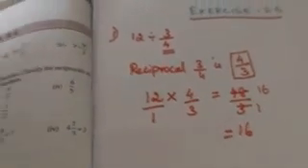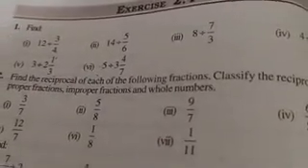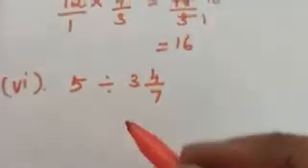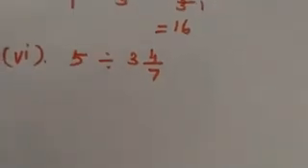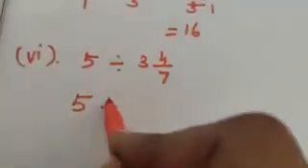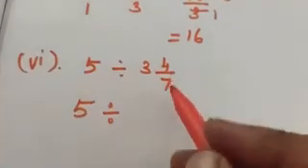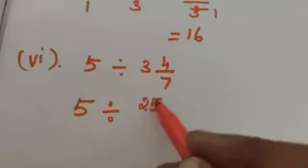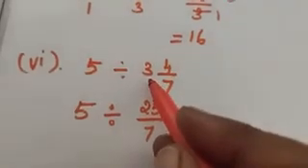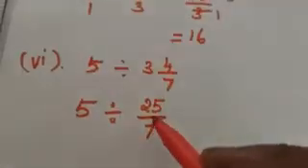I hope this sum is clear. We will do one more sum so that it is more clear for you. Now I will take one mixed fraction. Question number 6: 5 divided by 3 4 by 7. Whenever a mixed fraction is given, convert it into an improper fraction. So 7 threes are 21 plus 4 is 25 by 7.